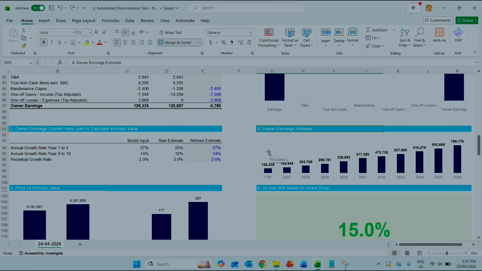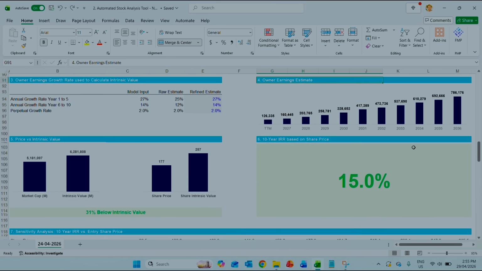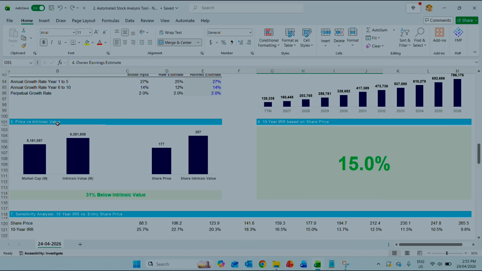Building block number 4, owner's earnings estimate. So we can see that it's going up, it's nice, I like to see that. Price versus intrinsic value. So here we've got a market cap which is way lower than the intrinsic value, and we've got the share price that is lower than the intrinsic value per share.